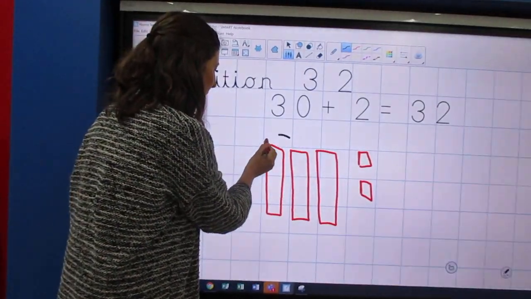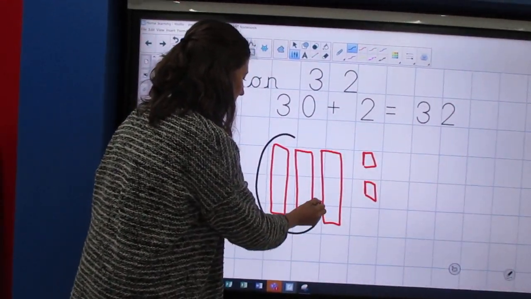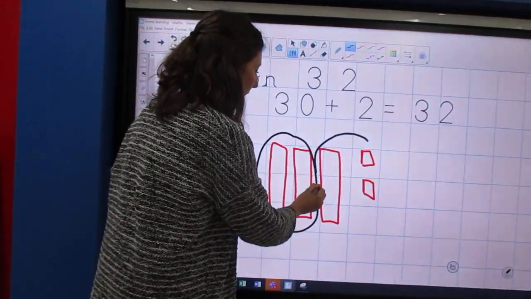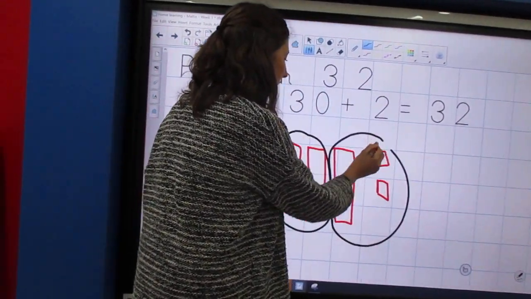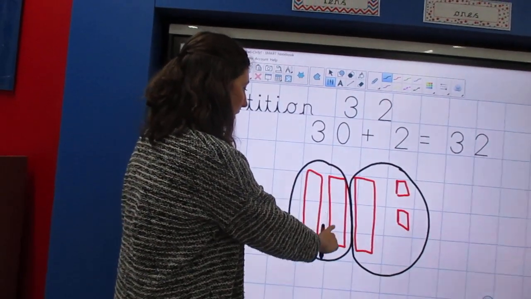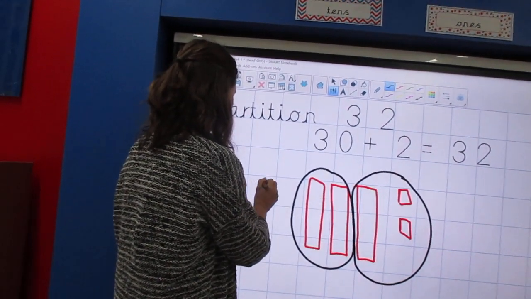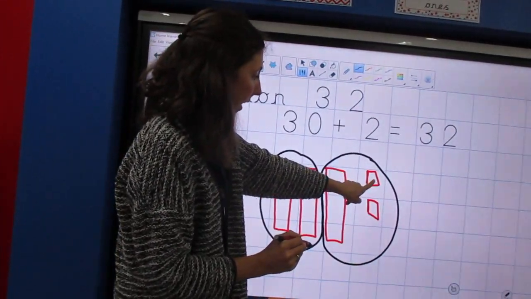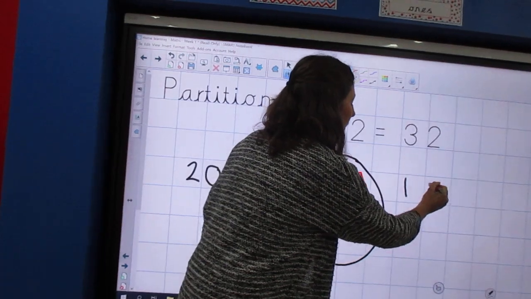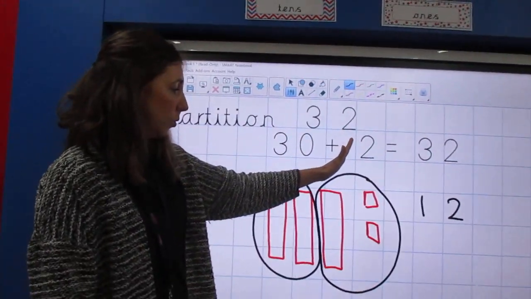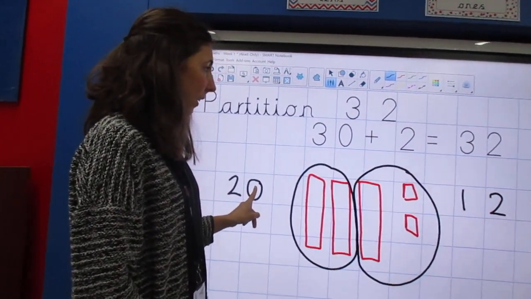So I'm going to split them this time into one group there and another group here. So this time in my 2 groups, I've got 10, 20. And then in my second group, I've got 10, 11, 12. So I haven't just split them and partitioned them into the 10s and the 1s. I've split them in a slightly different way.